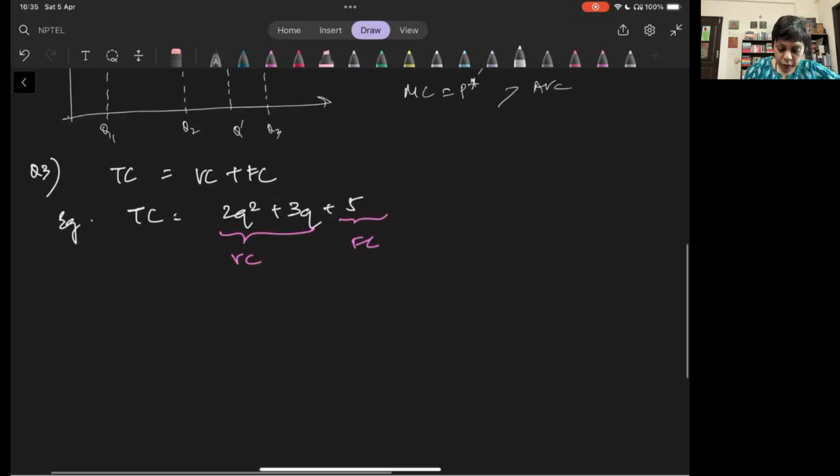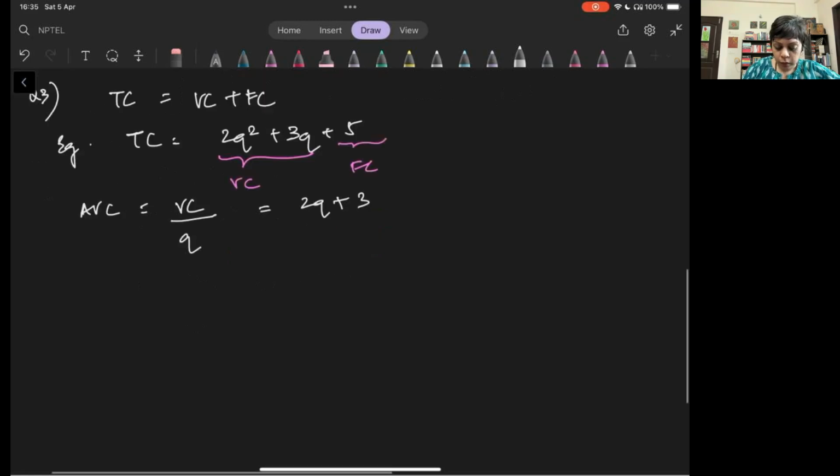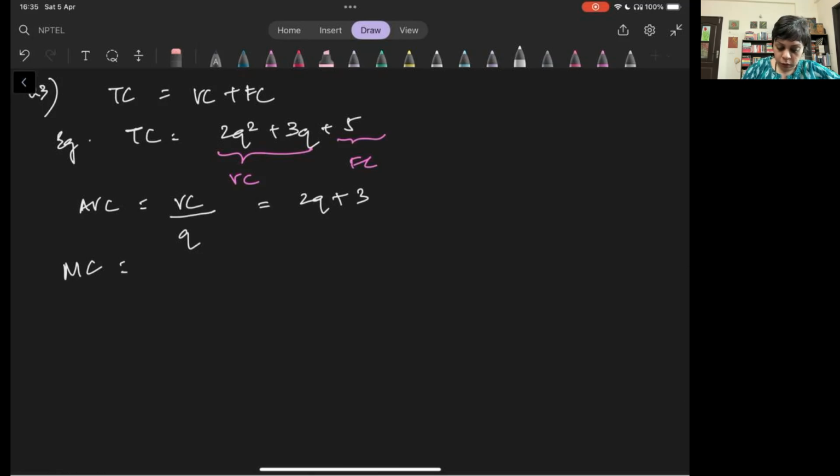Now, average variable cost is variable cost divided by Q. So in our example, it is going to be 2Q plus 3. Marginal cost is dTC by dQ, the first order derivative of total cost, which is going to be 4Q plus 3.